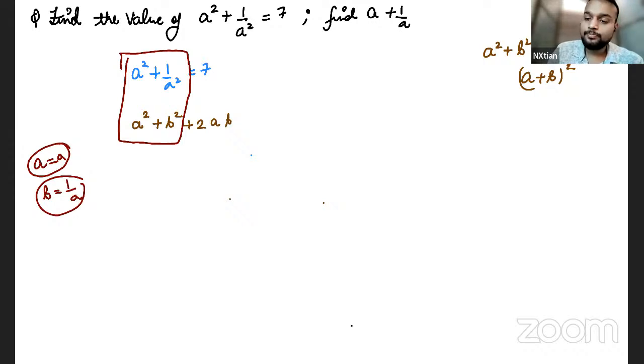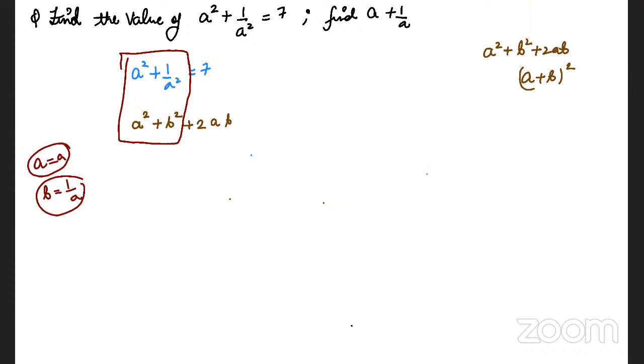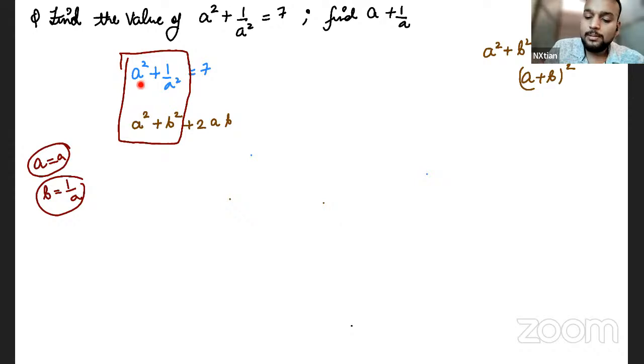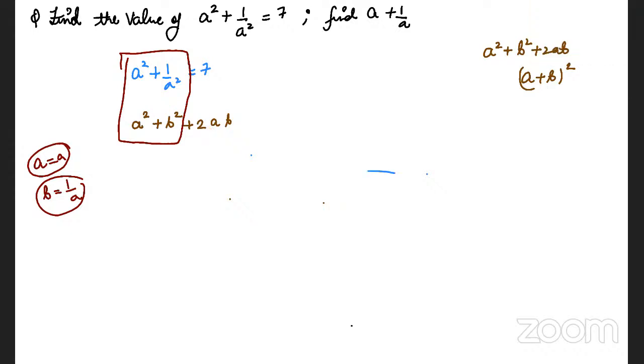Sir, can you explain again? See, this is a square plus 1 upon a square. So I will assume it as a square and this as b square. Now what is missing for making this identity? Plus 2ab. So that's why I just wrote plus 2ab. Now how will I solve this?